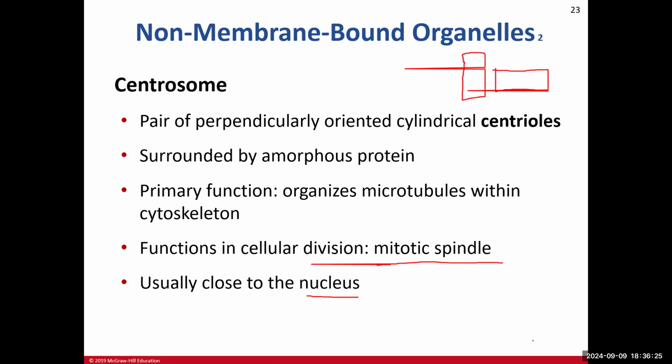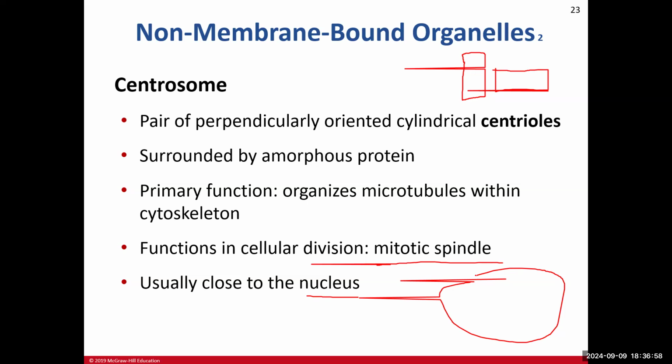Just before the cell divides, one of the centrioles will go to one side of the cell, the other centriole will go to the other side of the cell. And they shoot out what they call the mitotic spindle. These small, finger-like projections go to the center of the cell, and they essentially take the cell and rip it in half.